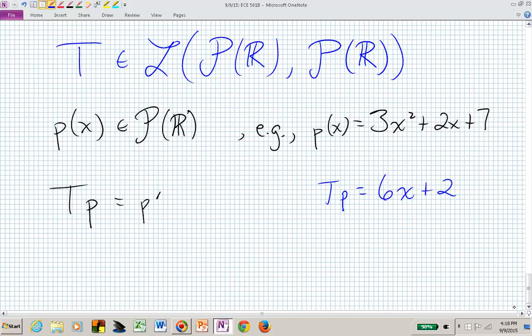And is it true that that's a linear map? What are the two properties that have to be satisfied in order for that map to be a linear map?